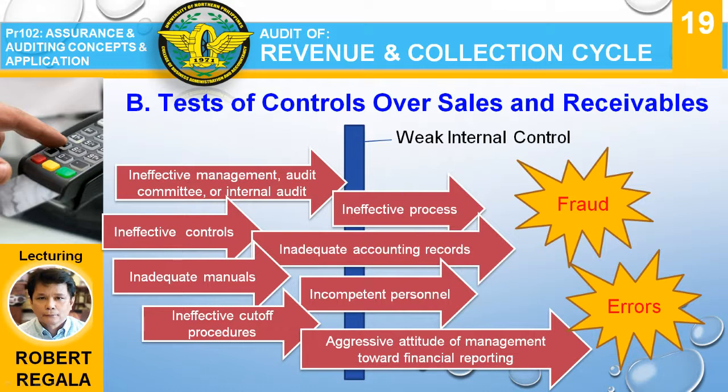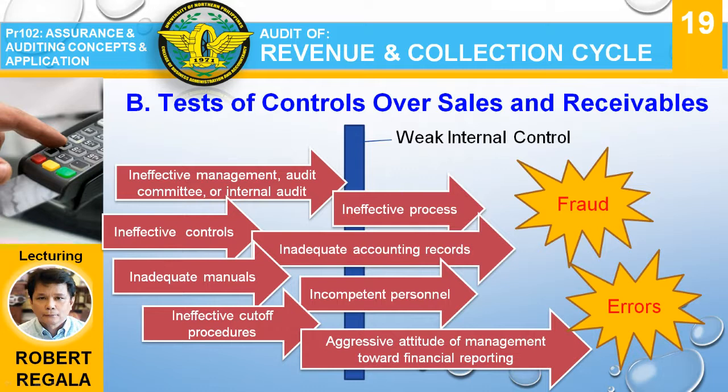You may refer back to Part 1 for some of the fraud schemes that may be perpetrated due to weak controls. Specifically, some identified weaknesses in controls in the sales and receivables transactions, as listed on the slide, may result in possible errors or misstatement in the financial statements, or could lead to an environment where fraud is easy to perpetrate.